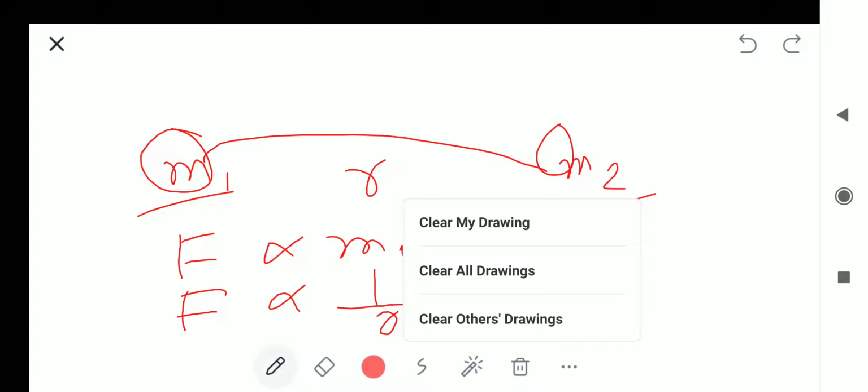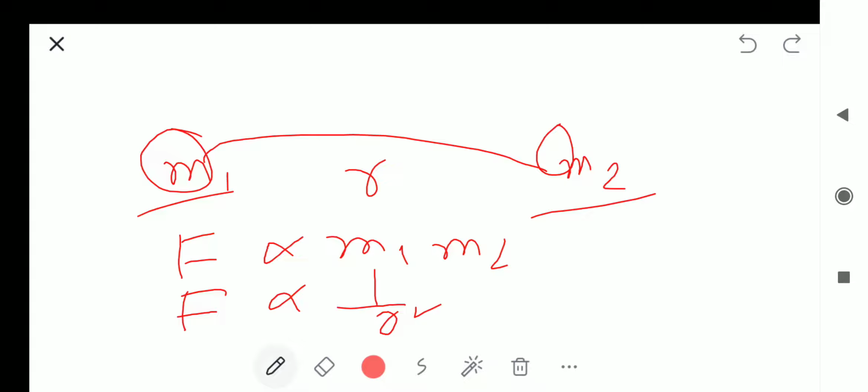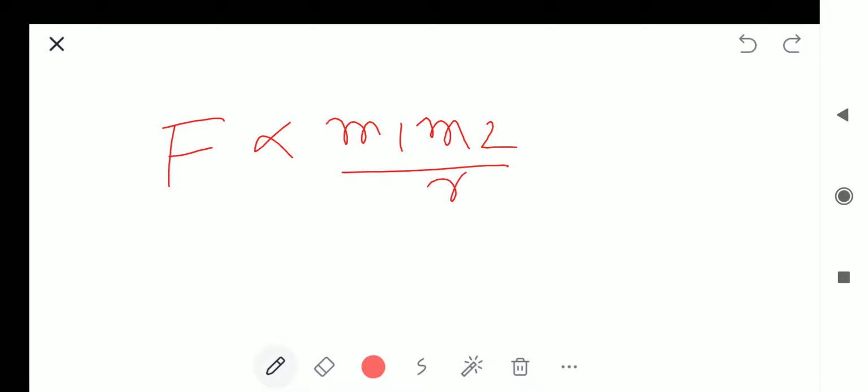If we combine the two equations, we can write F proportional to m1 m2 by r square. If you omit the proportional sign, you have to include a constant term.